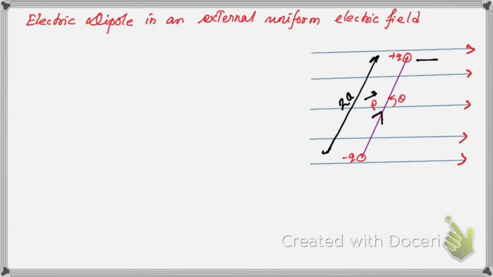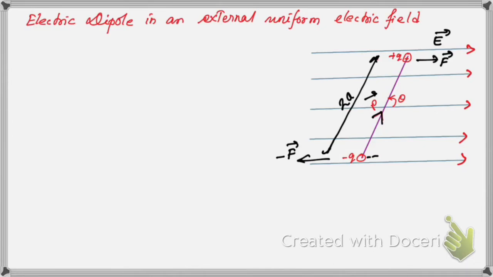Now the force on charge Q due to the electric field E will be in this direction, because the electric force experienced by a positive charge due to an electric field is in the direction of the electric field, remember that. In the opposite direction, the force on the negative charge will be negative F, because it is in the opposite direction.